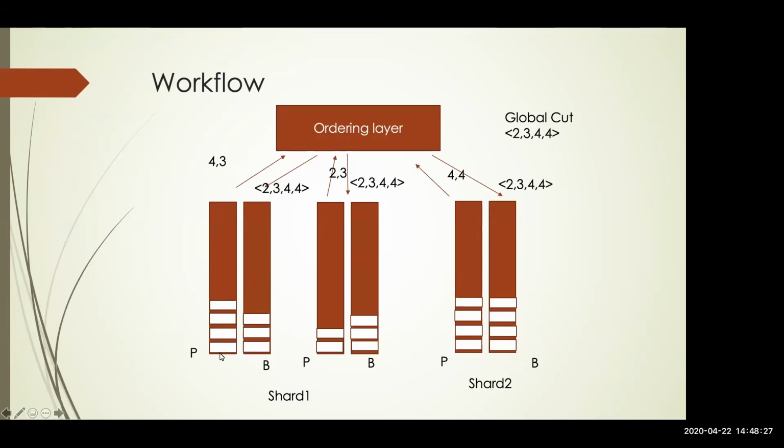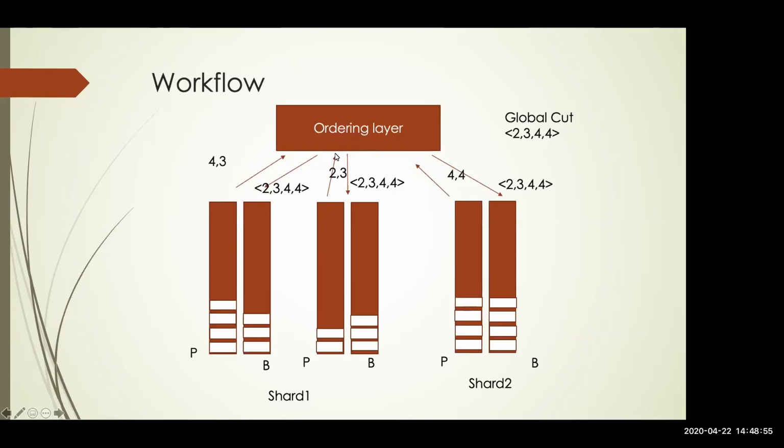There are 4 records in the primary of the first data server and 3 records in its backup, 2 records and 4 records in the primary and backup of the second, and 4 records and 4 records in primary and backup of the third. So the first sends 4,3, the second sends 2,4, and the third sends 4,4.